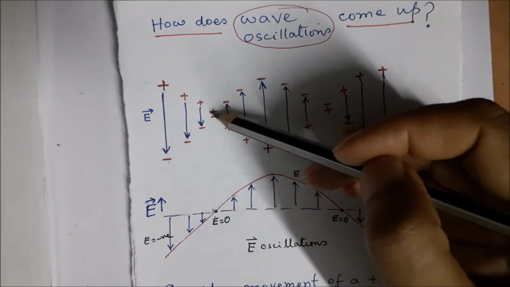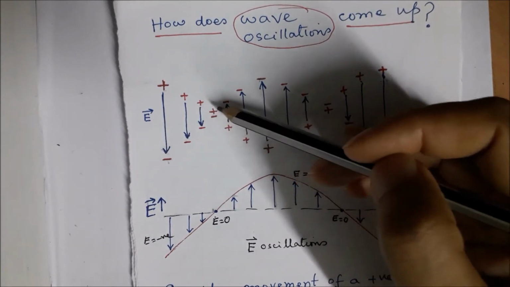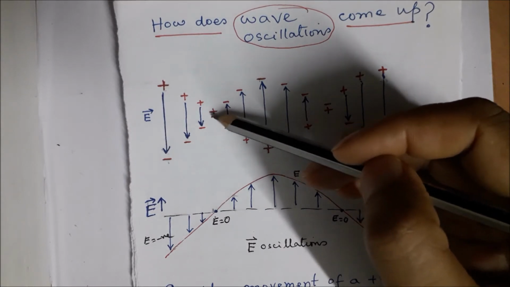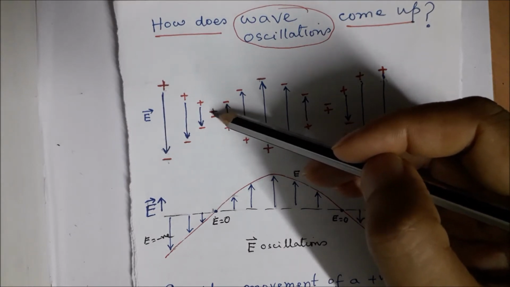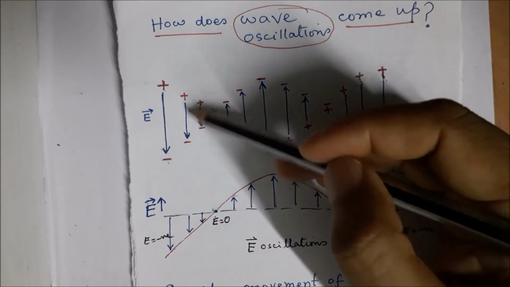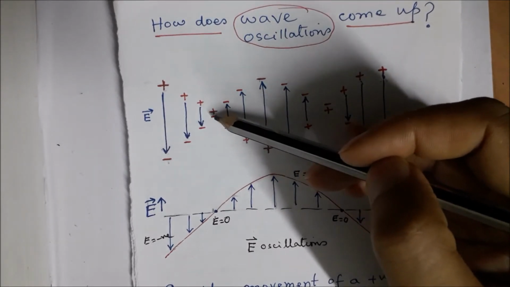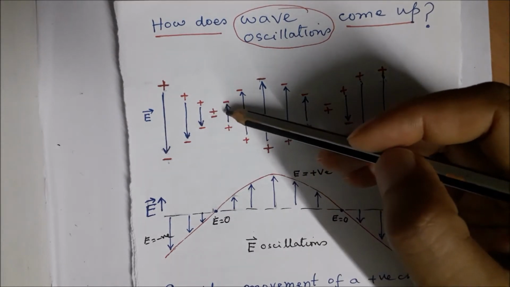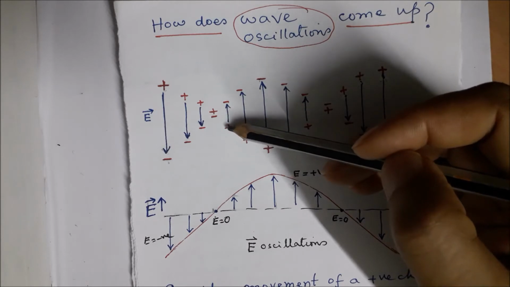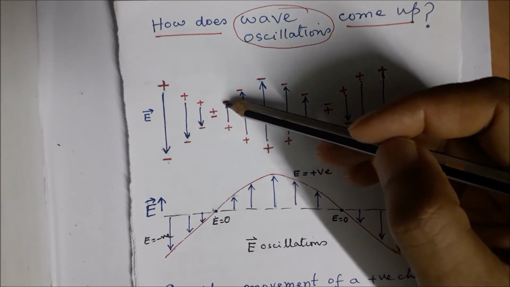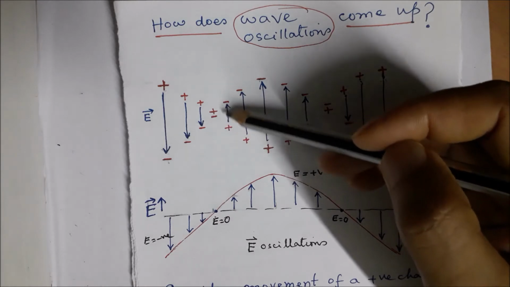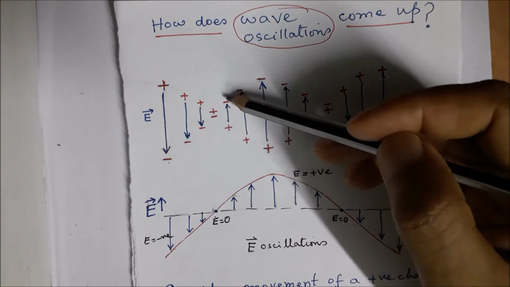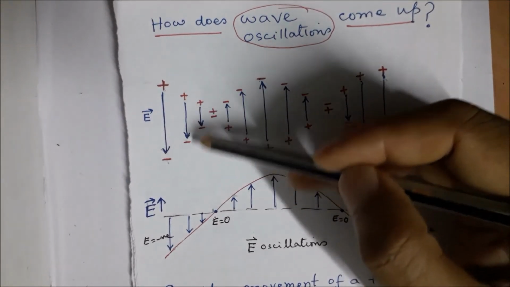The process continues, and ultimately at some time the positive charge and negative charge are occupying the same point, and then we cannot draw this E line, which means E is 0 here. And then the positive charge continues its journey downwards, the negative charge continues its journey upwards, so that the E line is now directed from positive to negative and it is upward. Earlier it had been downward.